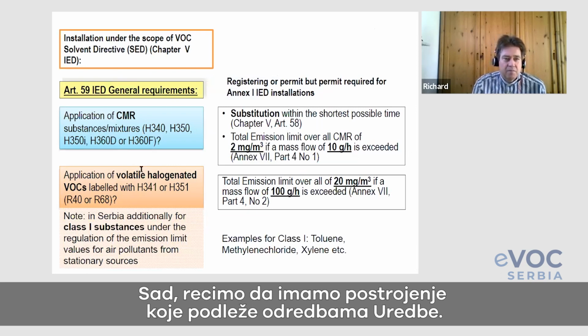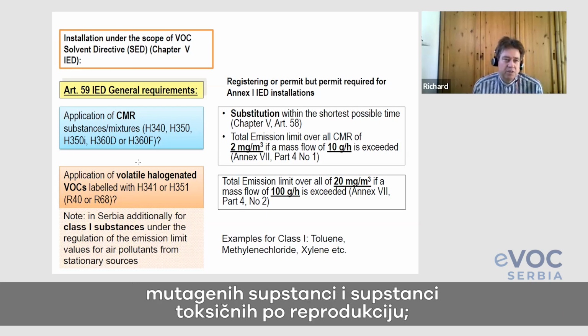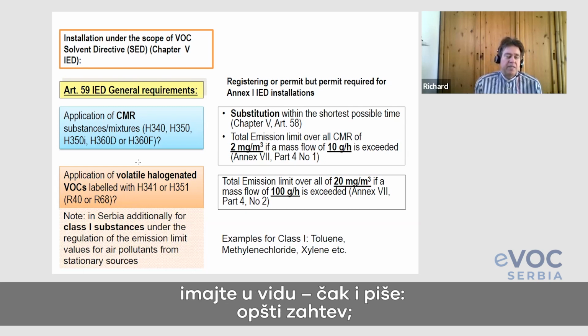Now we have installations that are under the scope. You heard from Elena, there are specific requirements and one of them is the obligation to substitute so-called carcinogenic, mutagenic, and toxic for reproduction substances. Here, please keep in mind, even the wording is general requirements.